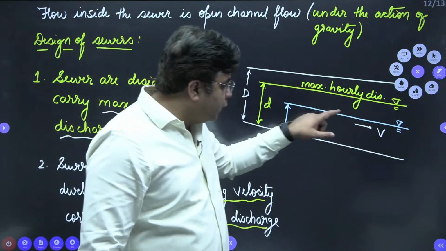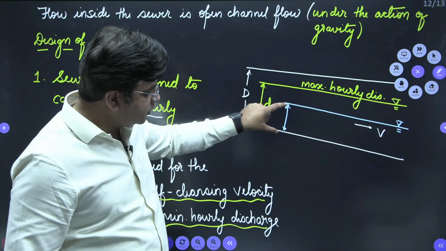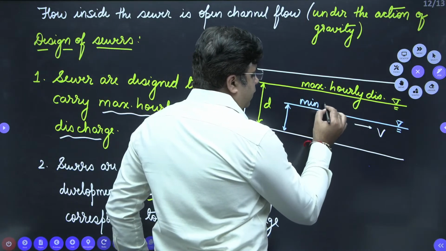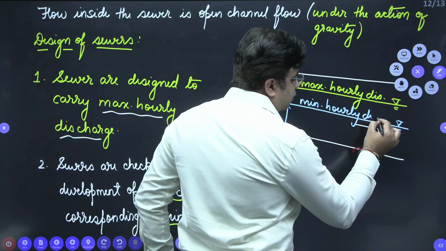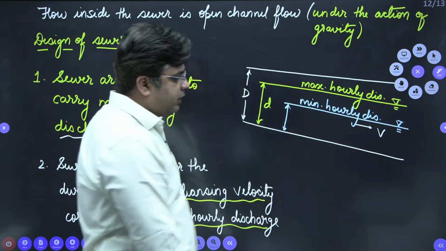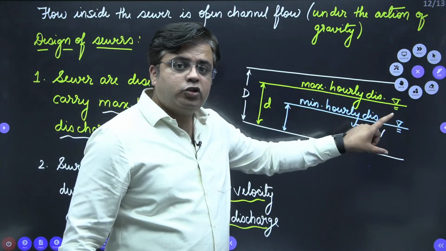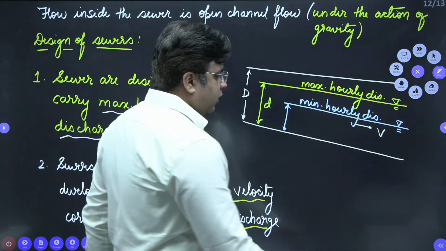Now this flow velocity at minimum hourly discharge, I'll write here, minimum hourly discharge. The flow velocity corresponding to minimum hourly discharge should be equal to or greater than the self-cleansing velocity.